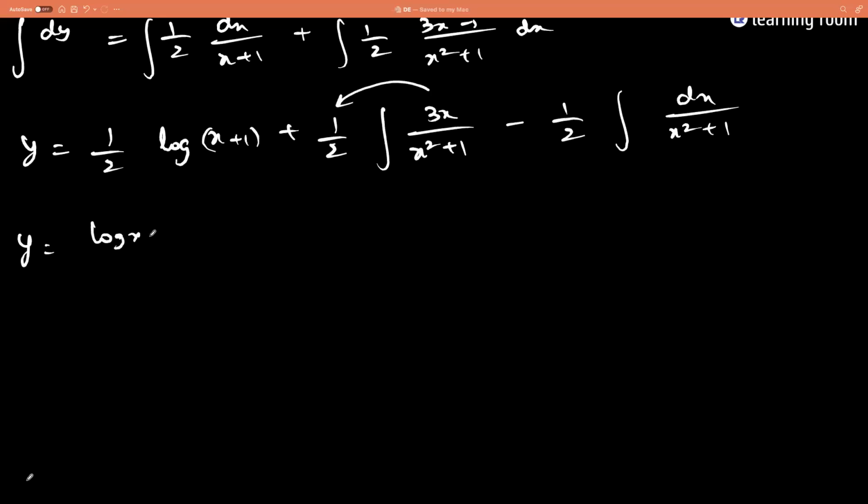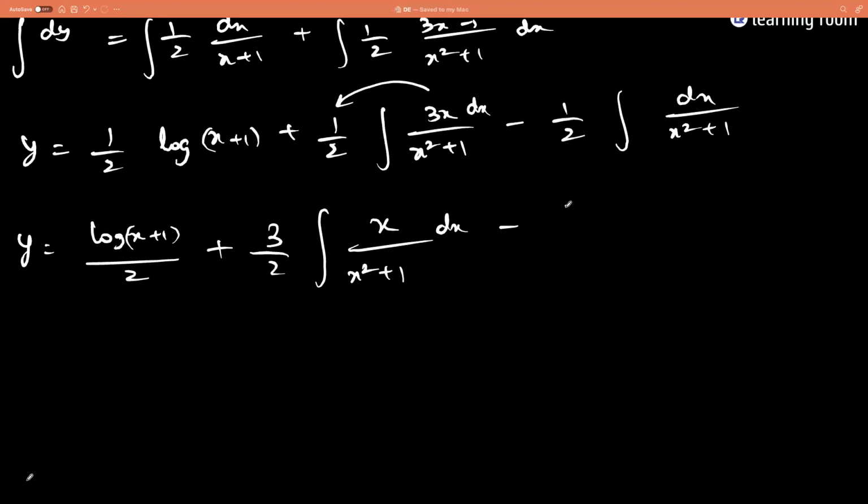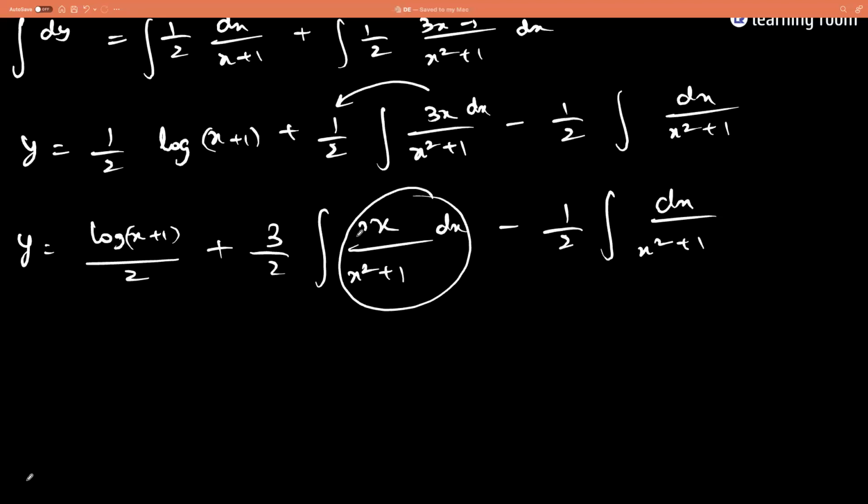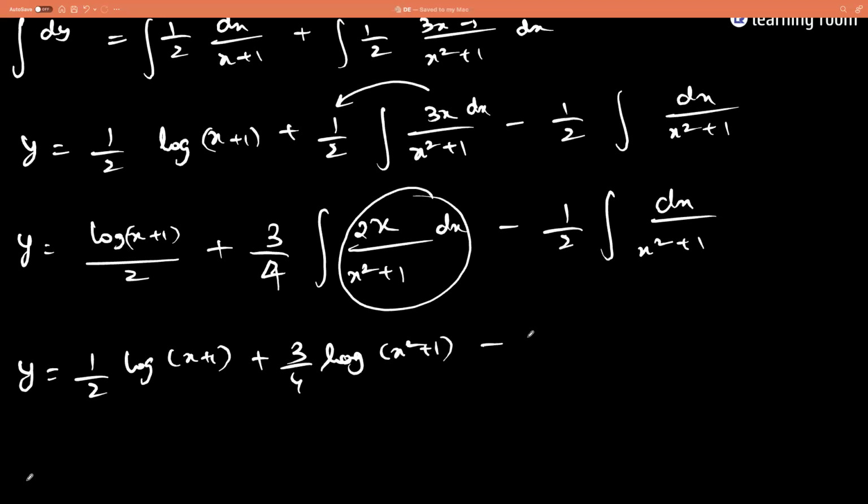So y will be equal to log of (x plus 1) divided by 2 plus 3 by 2 into integral of x divided by (x square plus 1) dx minus half into integral of dx divided by (x square plus 1). So this one, if you see, multiply and divide it with 2. So you will have y is equal to half log of (x plus 1) plus 3 by 4 log of (x square plus 1) minus half into tan inverse x plus c.